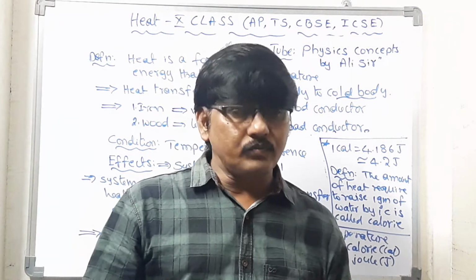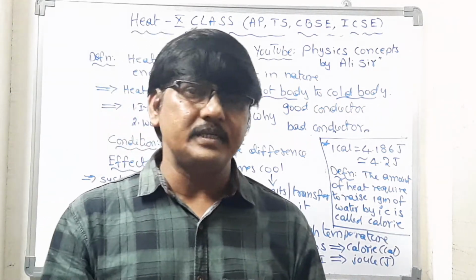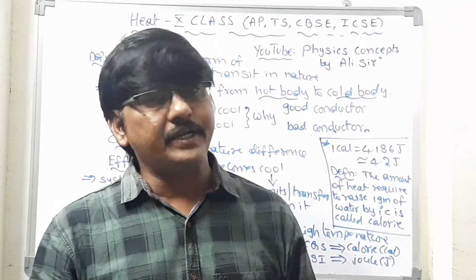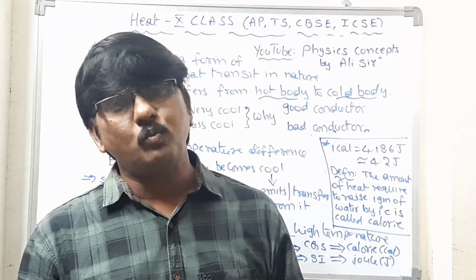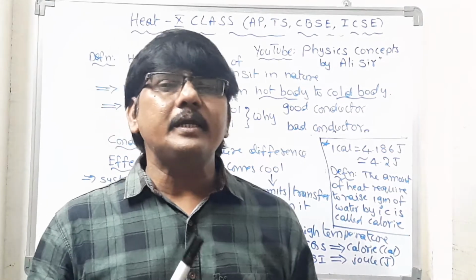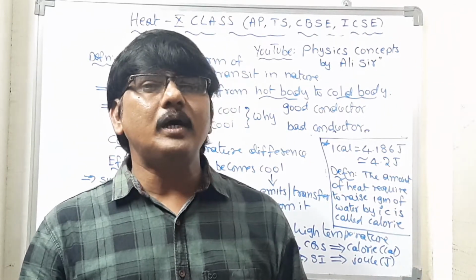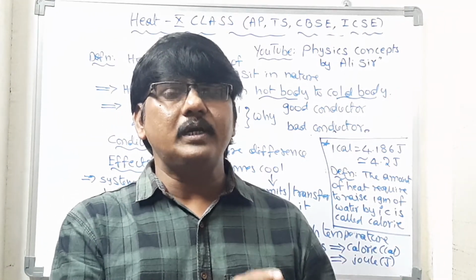In the last few minutes, let us summarize what we have learned. The first one is heat. Heat is a form of energy that is in transit in nature, which means heat transfers from a hot body to a cold body. Heat is represented by the letter Q. Heat transfers from the hot body to the cold body due to the higher kinetic energy of the molecules of the hot body.